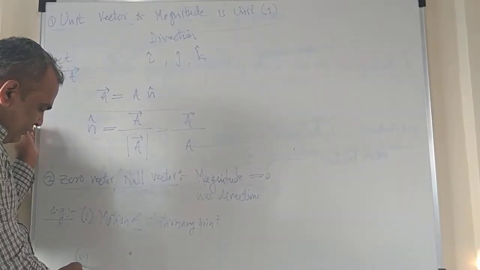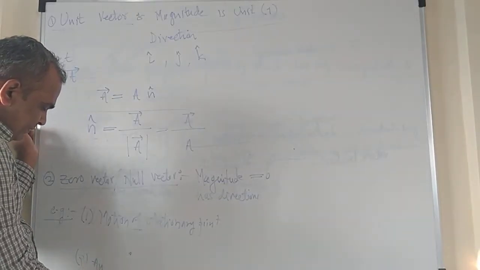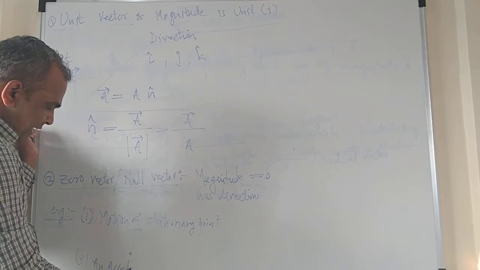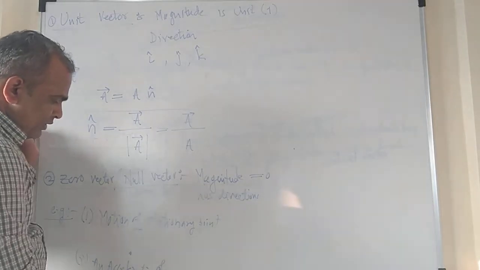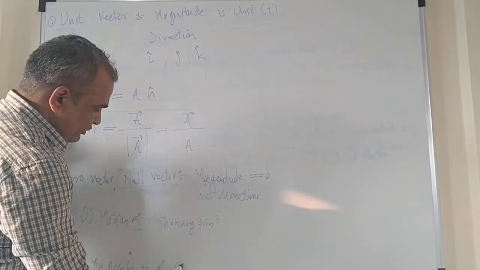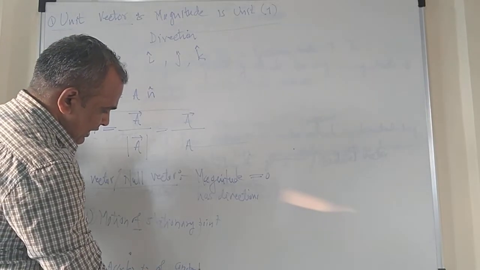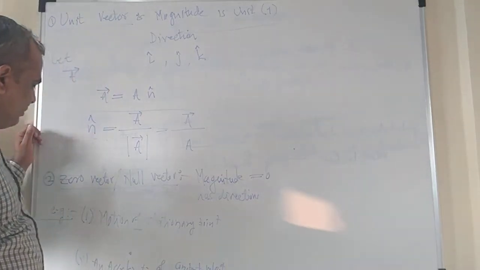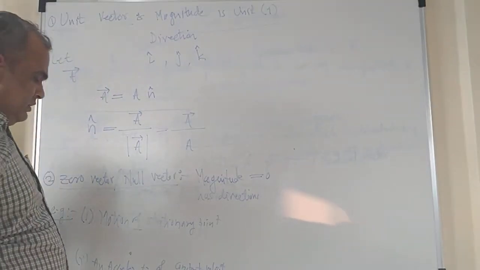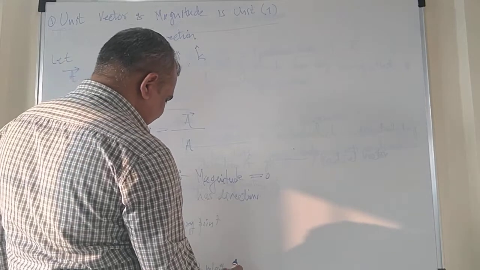Second example, I can give you the acceleration of constant velocity is an example of zero vector. Now what is meant by acceleration?